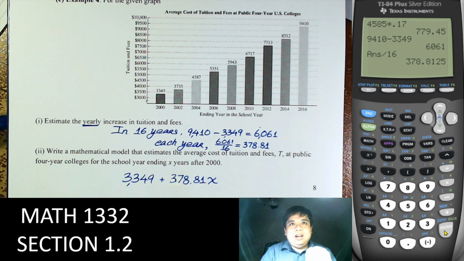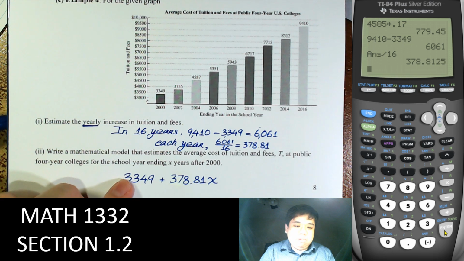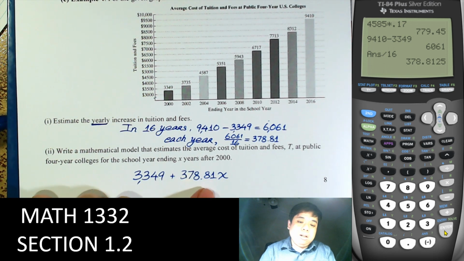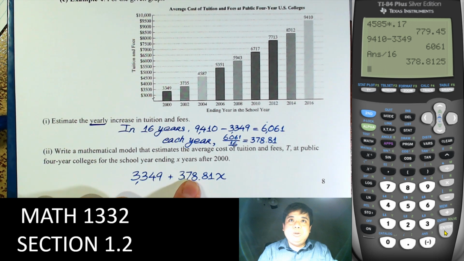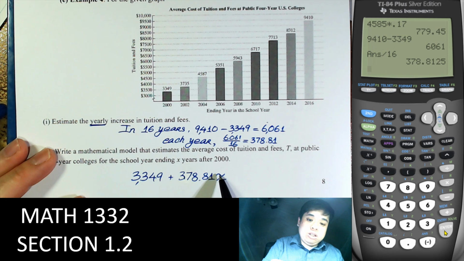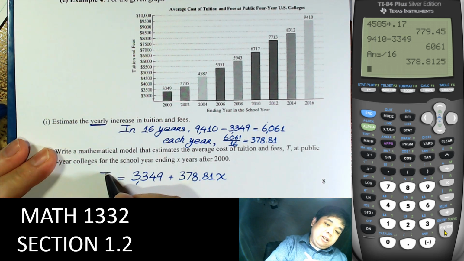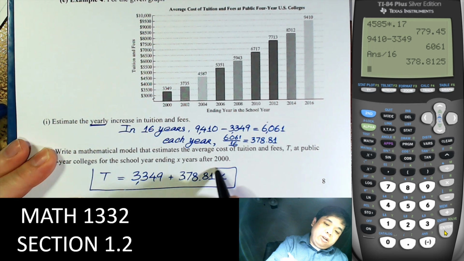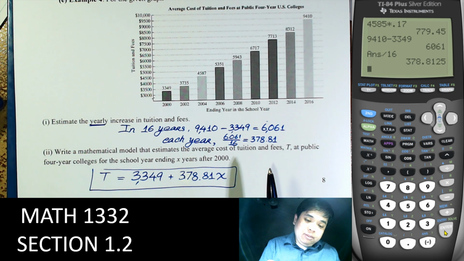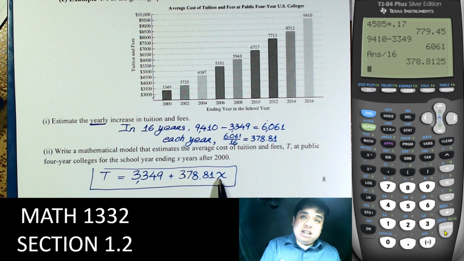So that is the model for it. We start from this much, and each year it increased by this much. So let's say 10 years. We need to increase that by 10 times. And 2000 should be year 0. So we said this is the model for the tuition and fees for X years after 2000.